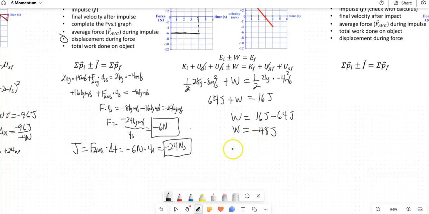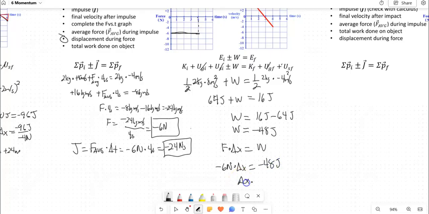And so now, just like the other problem, we could take the integral of force dx equal to work, and our force we know is 6 newtons, times dx, equal to negative 48 joules.